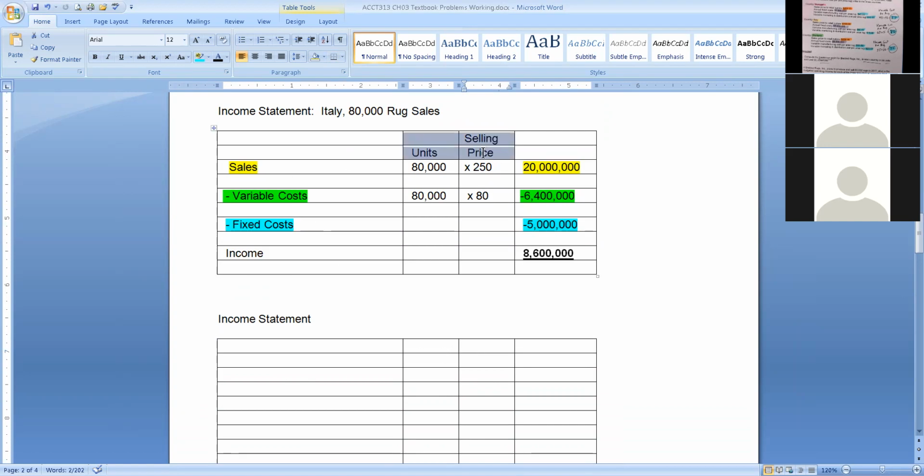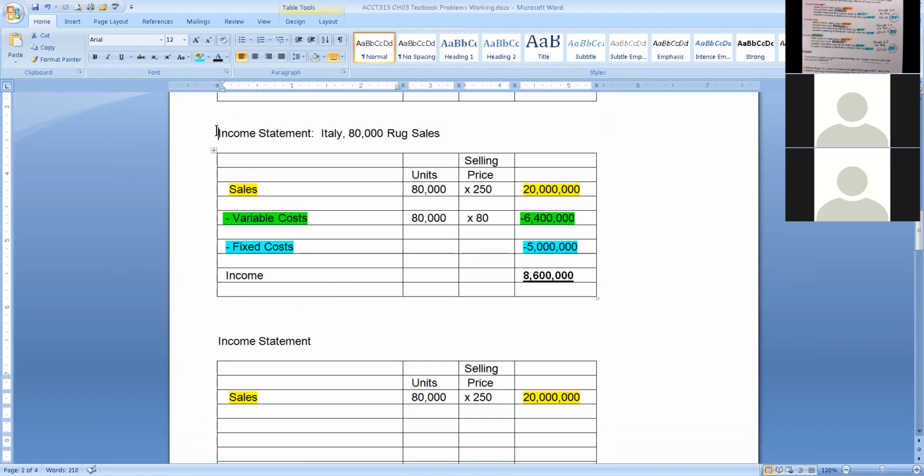Okay, I'm going to copy this first thing down here. And this one would be the income statement.